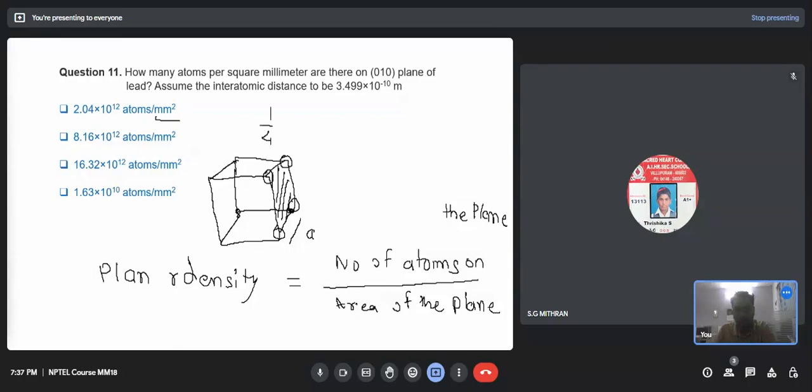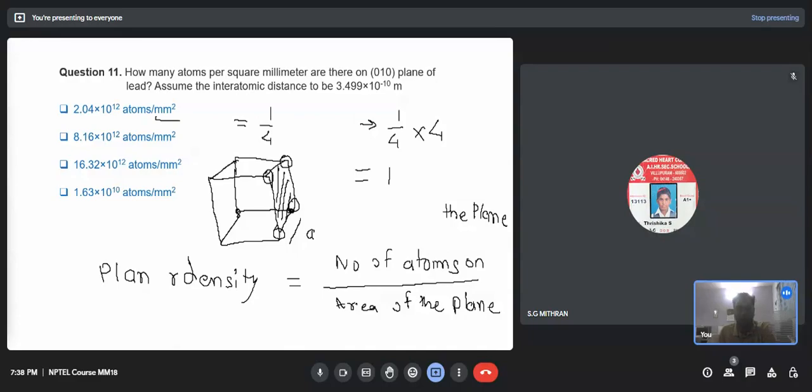Since each has 1 by 4 contribution, and total number of atoms are 4, the total number of atoms will be 1 on this particular plane.